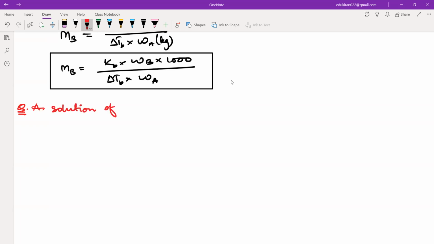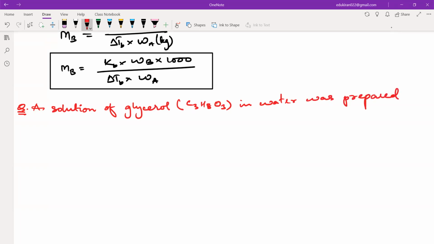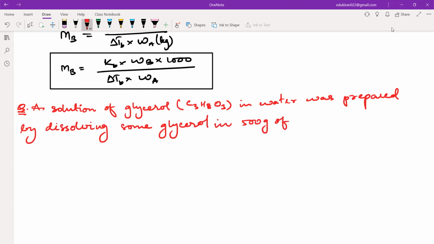A solution of glycerol in water was prepared by dissolving some glycerol in 500 gram of water.